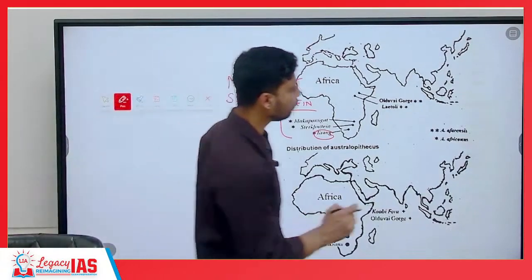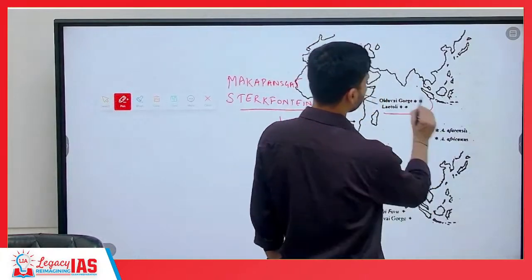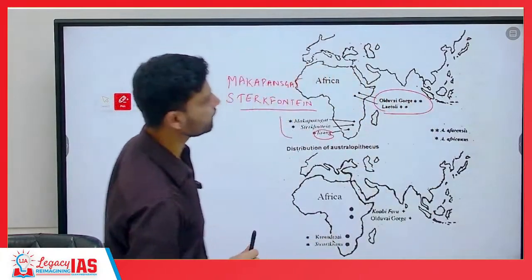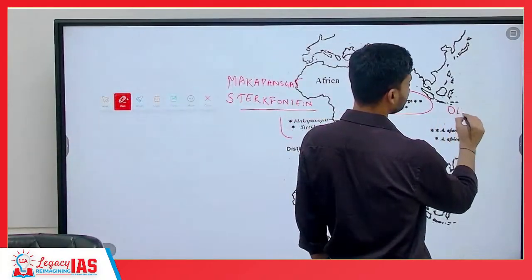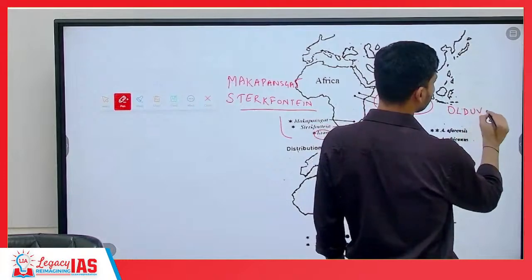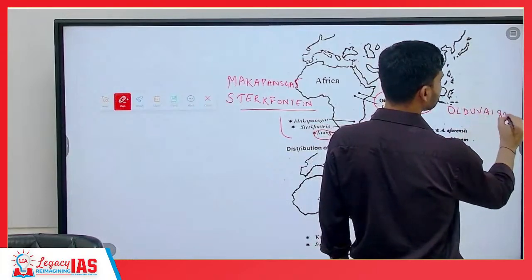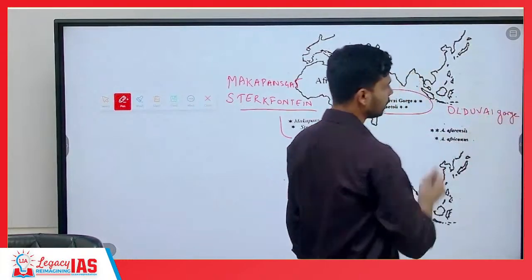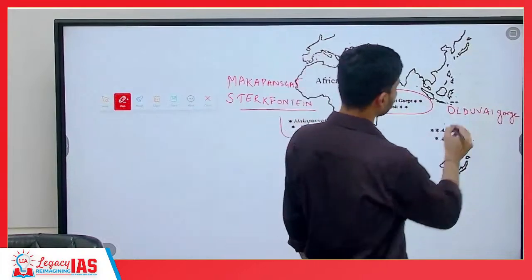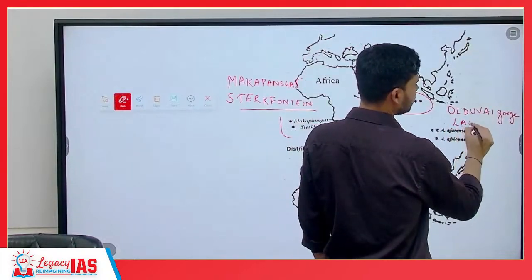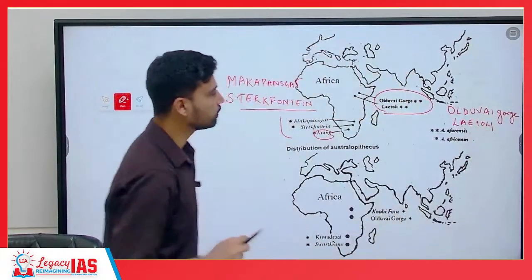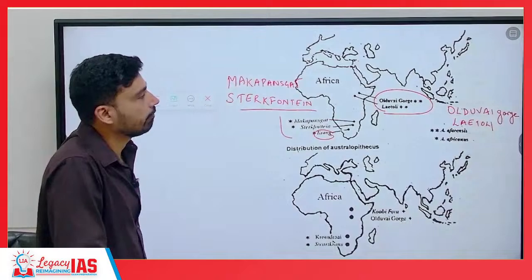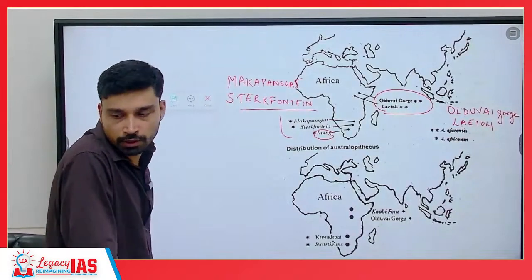Similarly, for Afarensis, a fossil was discovered from two other places. One is Olduvai Gorge. It is in Tanzania, actually, not in Ethiopia. Apart from the Afar Valley, Olduvai Gorge and Laetoli, that is where we have found the fossil of Afarensis.